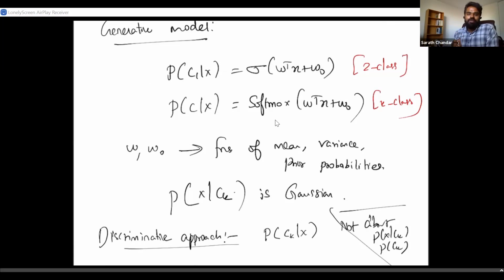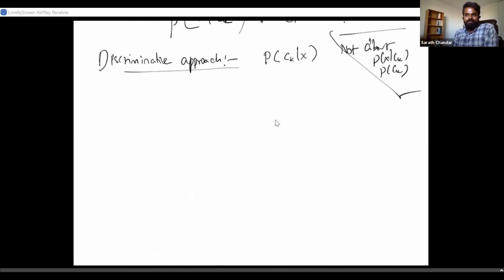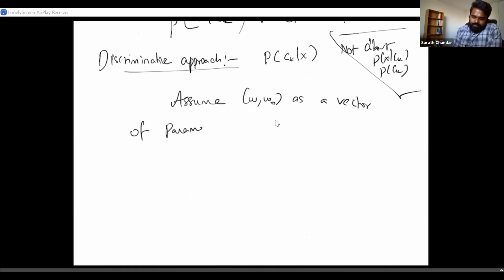So now I have W and W0, just like how we had these parameters in linear regression, and I'm going to learn them directly by using maximum likelihood. That is the discriminative approach.